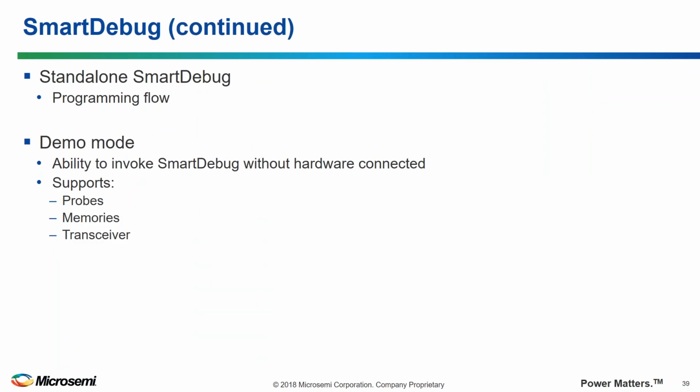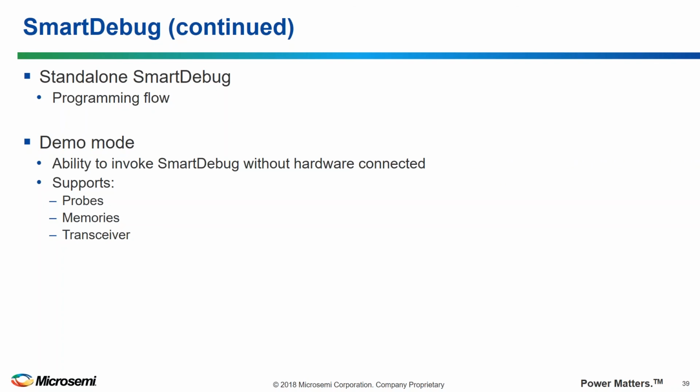We have the ability to take a snapshot of the memory. We can even change memory contents. And then we also have something that's called probe insertion. Probe insertion allows you to route signals to pins. Probe insertion actually causes you to do an incremental place and route. And then we have a transceiver lane debug. So I'll show you a few of these in a bit as we go along here.